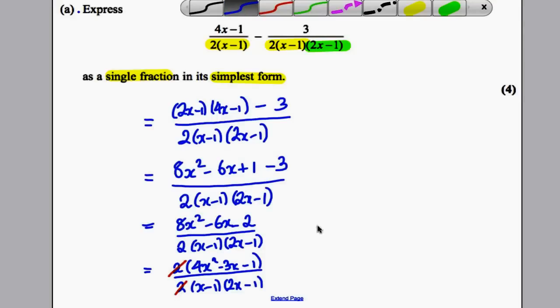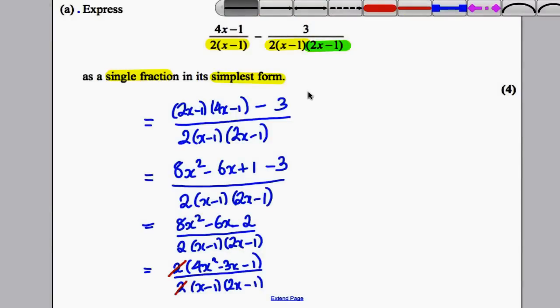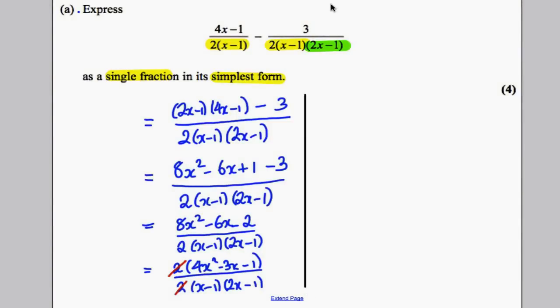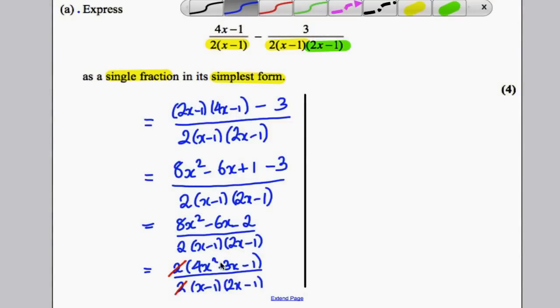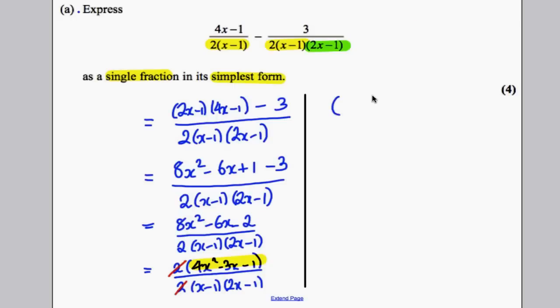And just to continue going, now you should continue working down the page. I'm going to just work by the side here. Let's try and factorise this expression here if we can, see if that will help us at all. Does that factorise? So that would factorise as 4x and x.